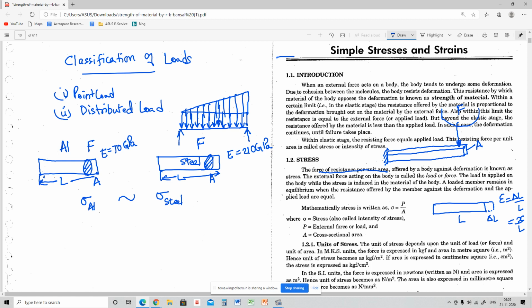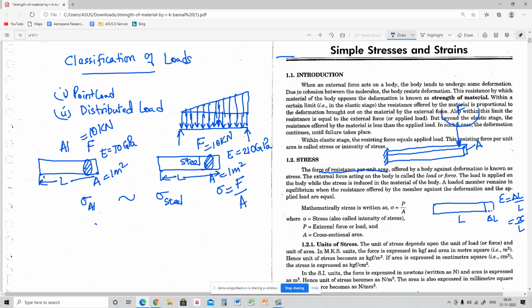See, what is stress? Stress is load by cross-sectional area. For example, if I consider the force is 10 kilonewton and the cross section is 1 meter square, here also 10 kilonewton and 1 meter square.